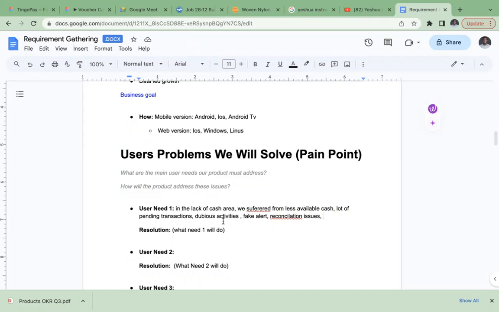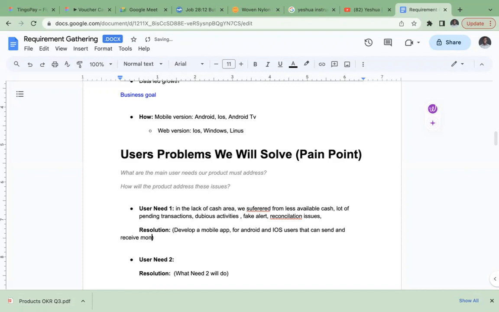For user need 1, what do we want to solve? The resolution that we are bringing for less cash available is what? Develop a mobile app for Android and iOS users that can send and receive money.